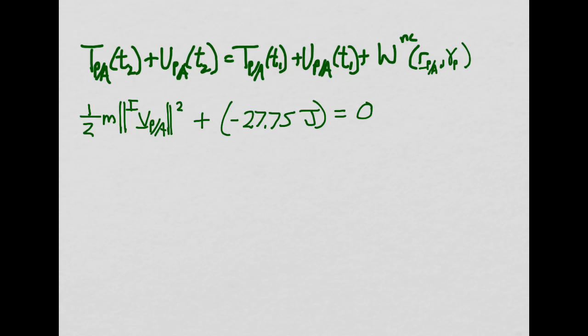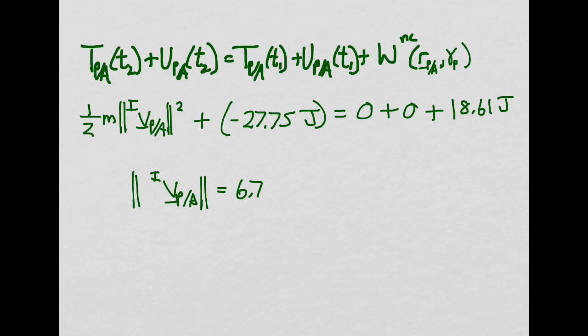Kinetic energy at time 1, which is 0 because we're starting from rest. Our potential energy at time 1, which is also 0 because we're starting from the point at which we're referencing. And then our work due to non-conservative forces, which is 18.61 joules. And so when we solve for our speed, then we get 6.77 meters per second.